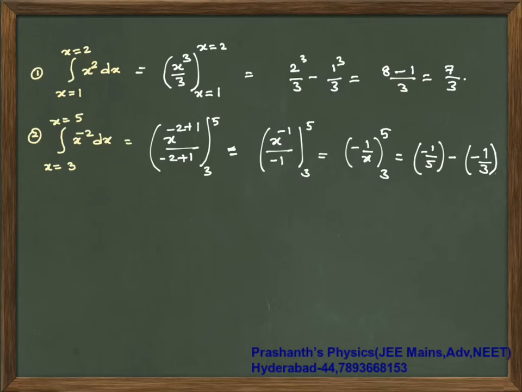This is very important: with the minus sign outside the bracket, that gives 1 by 3 minus 1 by 5, so 5 minus 3 is 2, that is 2 by 15.